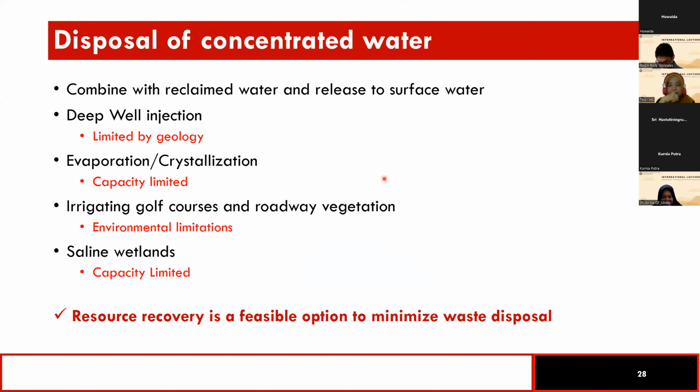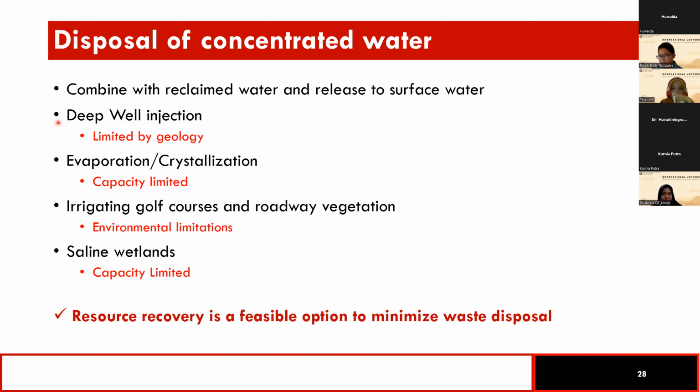Okay. So how do we dispose concentrated water? In membrane technology, we are left with the effluent, which is the usable clean water, but we are also left with concentrated water, which contains a high amount of suspended solids and other waste.